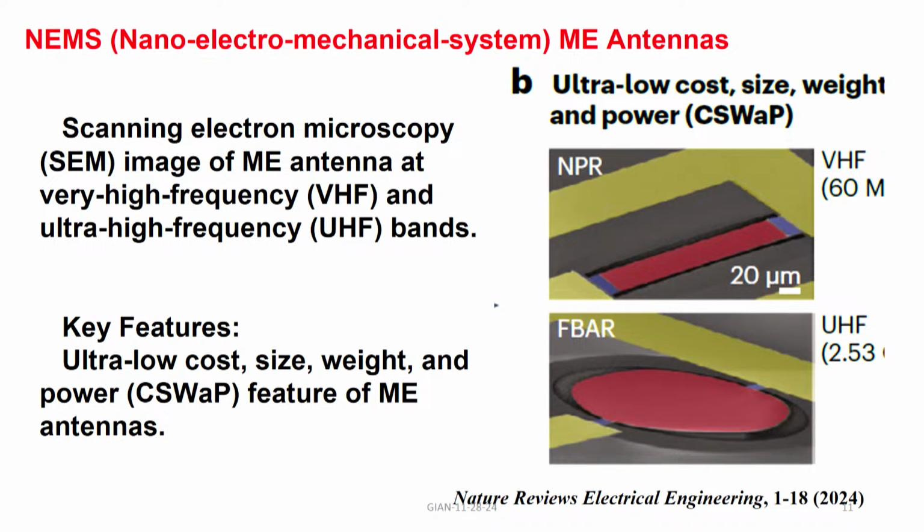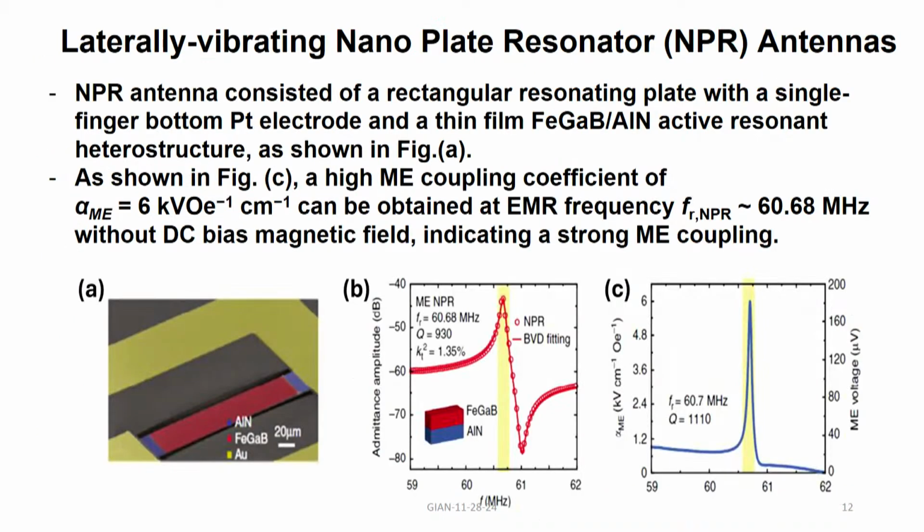Unfortunately, it is missing, but I am pretty sure it is iron, boron and aluminum nitride. Okay. So, this is the characteristic for an antenna operating at 61 megahertz, and that is the picture. Yeah, it is right here, aluminum nitride and iron gallium boron.